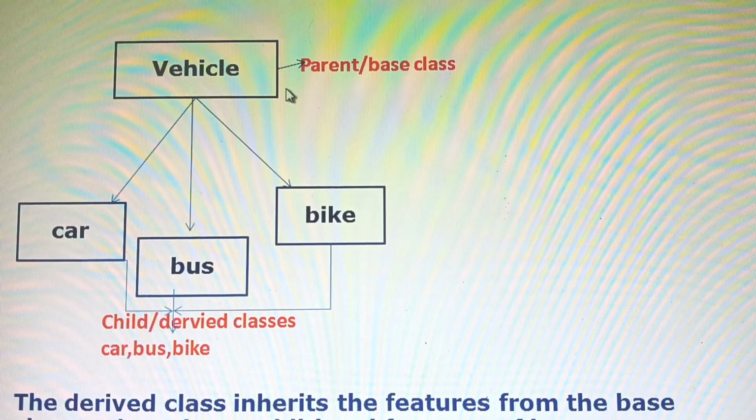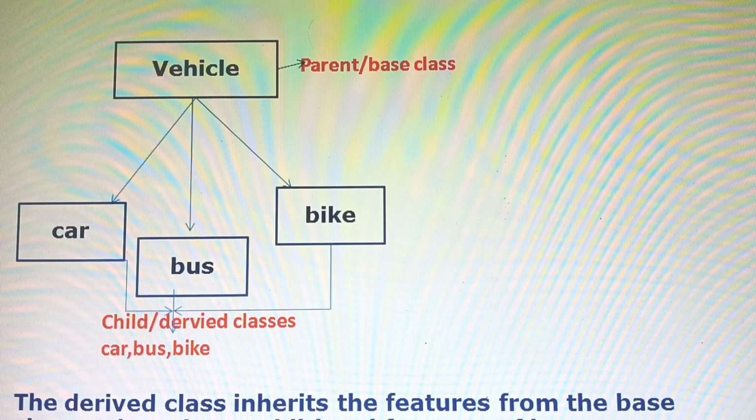Let us discuss inheritance with examples. Here, vehicle is the parent or base class. Car, bus, bike are the child or derived classes. All of these come under the category of vehicle.